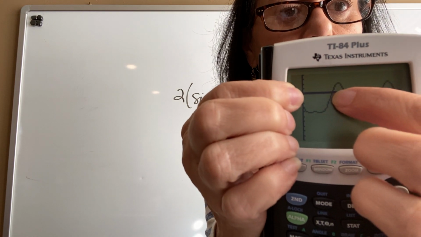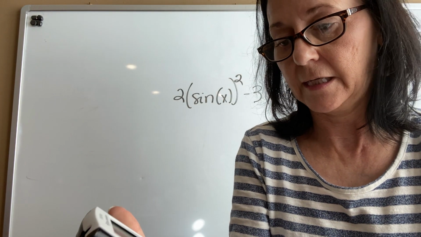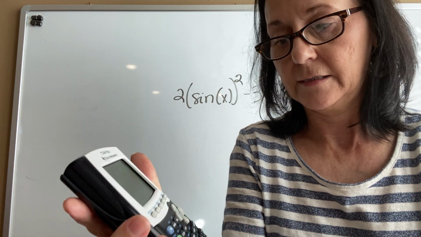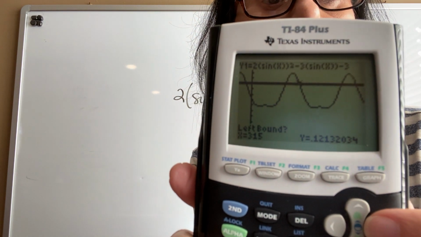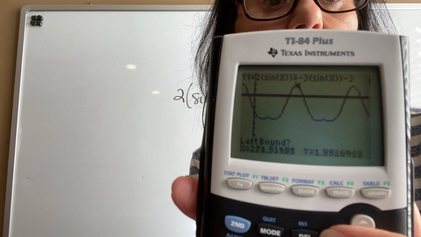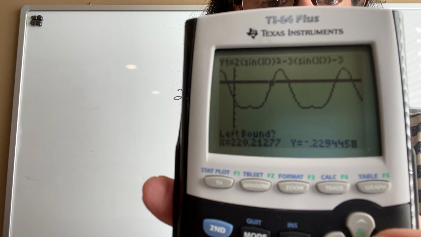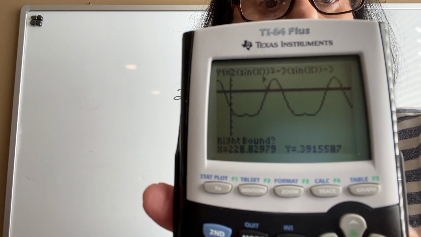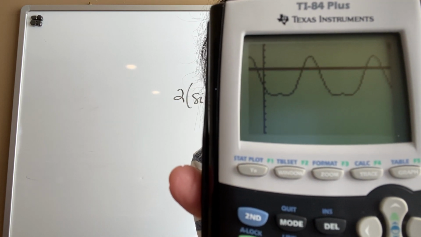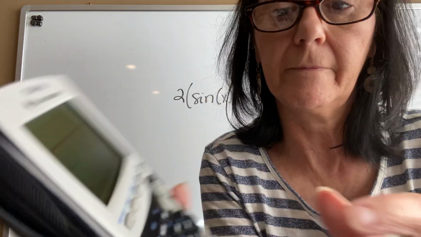So I'm going to do second trace 0, find that one, left to right. Second trace 0. Let me find my cursor. Oh, there it is. I'm going to find these two. Left to right, that y value is going to be negative. All right, that's the left bound. Right bound's going to be positive. So it's going to be that plus and minus 2k pi.